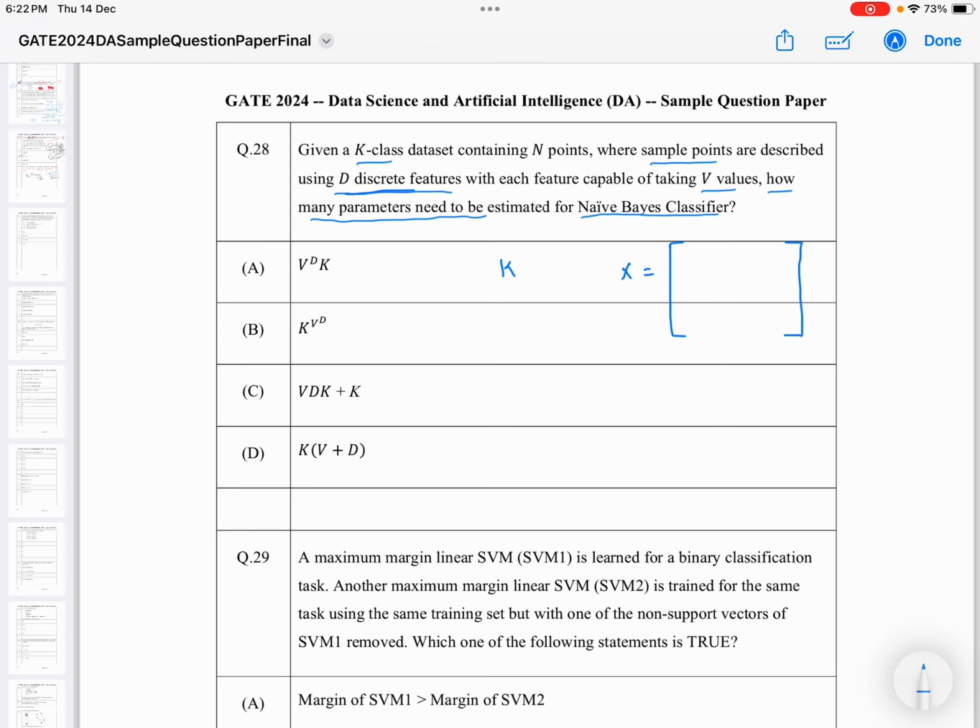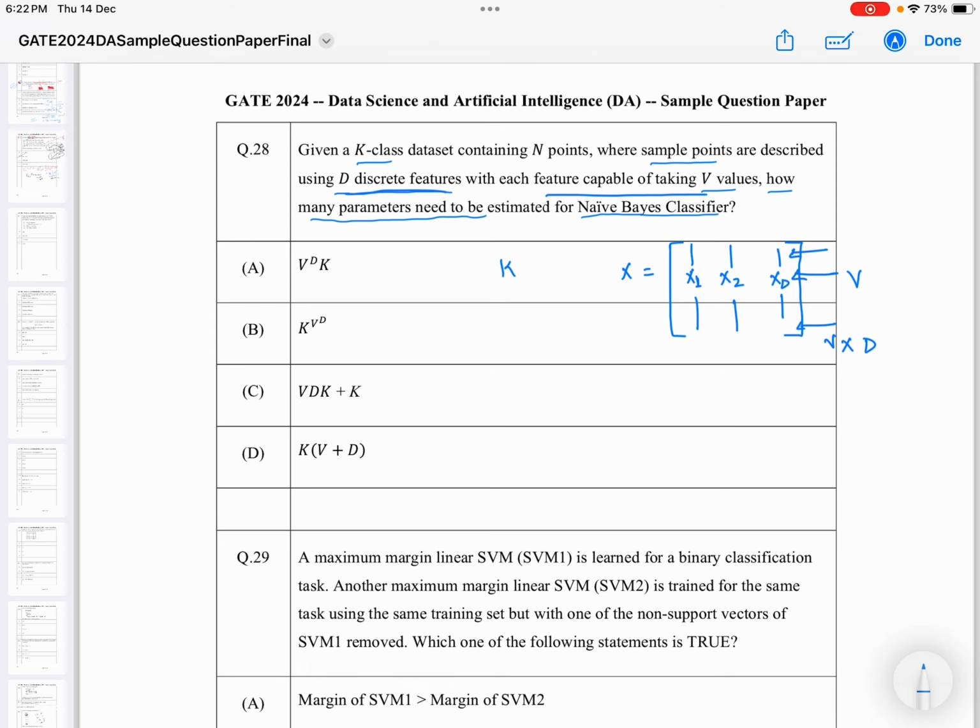It will have d distinct features, maybe x1, x2, and up to xd. So we have these d distinct features, and each feature is capable of taking v values. So we will have v rows, right? So the size of this matrix will be v cross d.